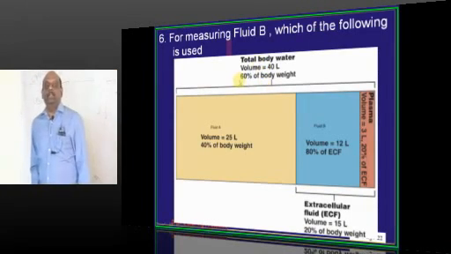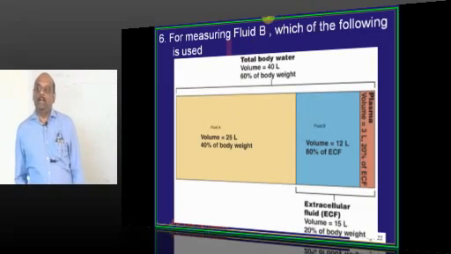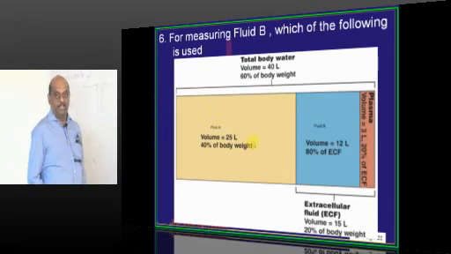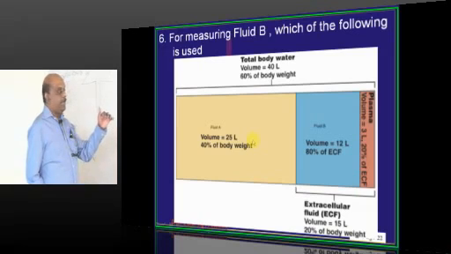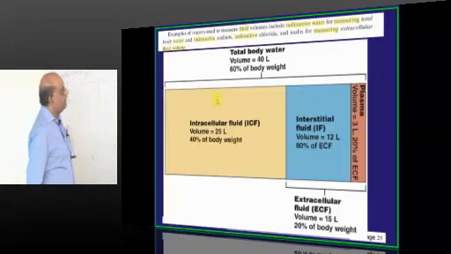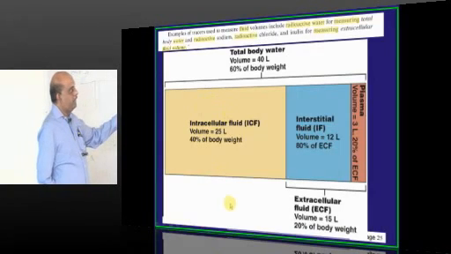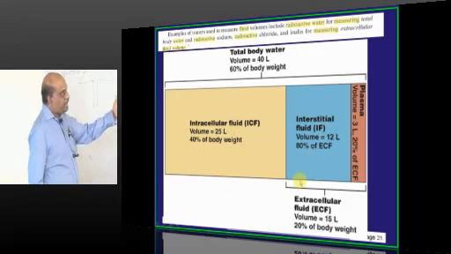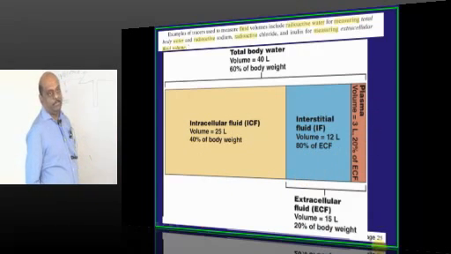Now you have been given the ECF and ICF. So fundamentally the total body water is divided into extracellular fluid and intracellular fluid. And extracellular fluid is in turn divided into interstitial fluid and the plasma volume. So interstitial fluid is around 12 liters, which is 80% of ECF.